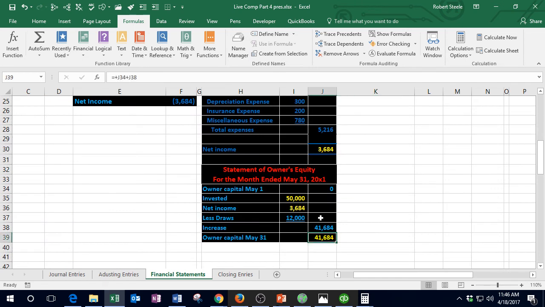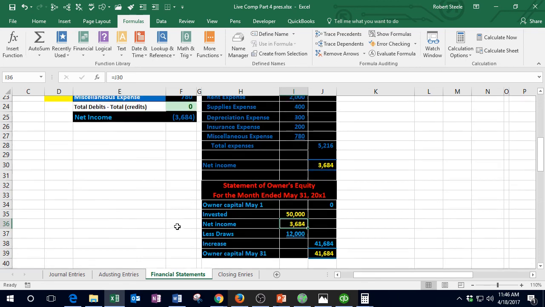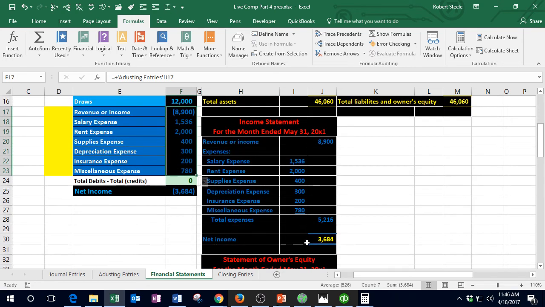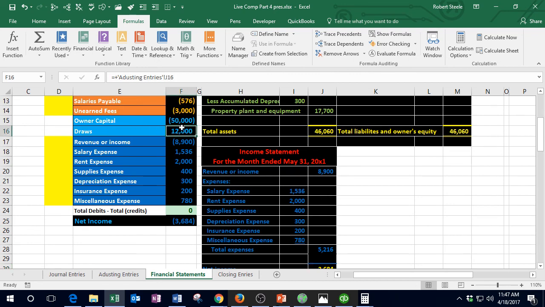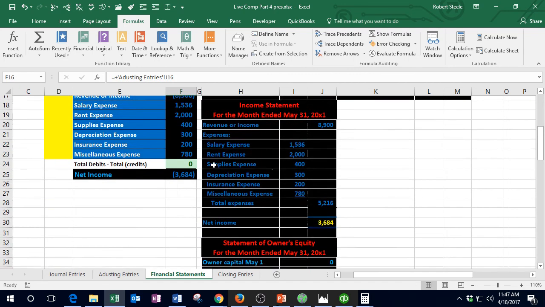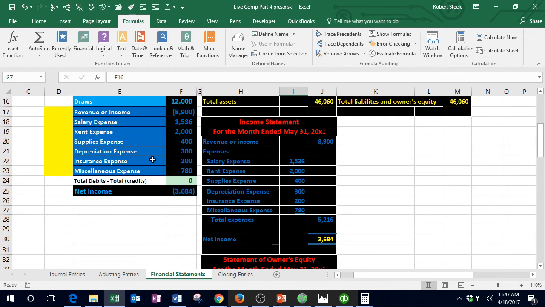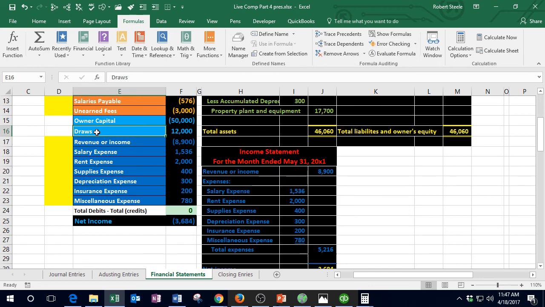That end number includes net income, which is just a grouping of all the dark blue accounts, revenue minus expenses, which has been reported on the income statement, and the equity draws, which is not part of net income, but does decrease equity.